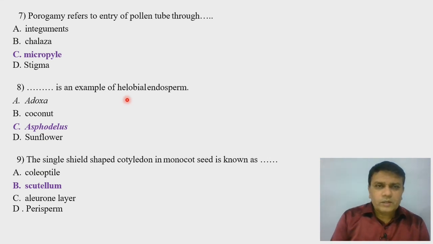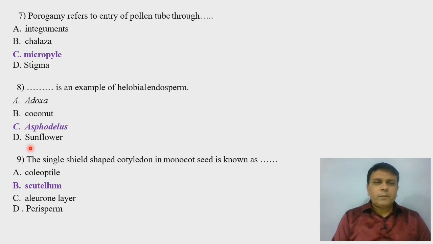So this helobial endosperm is found in the seeds of Asphodelus. Now, the options given are, first one is Adoxa, then second one is coconut, then the third, that is C, is the correct option, that is Asphodelus, and D is given sunflower.